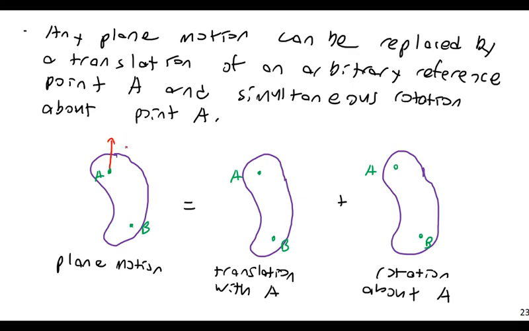Initially, let's say I have VA and VB here, and these are just arbitrary velocities. These are global velocities, in the global coordinate system.